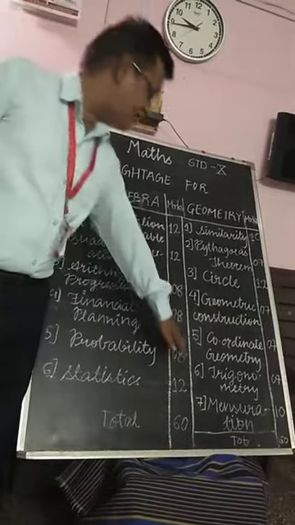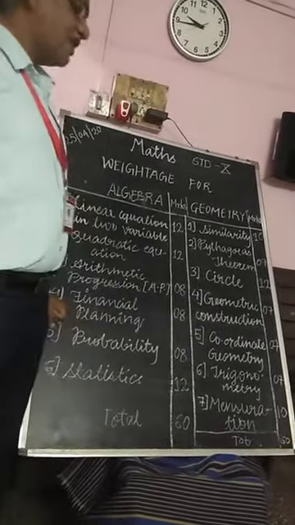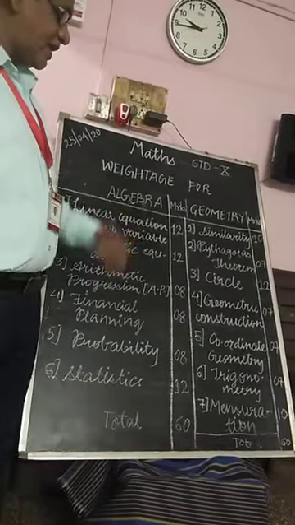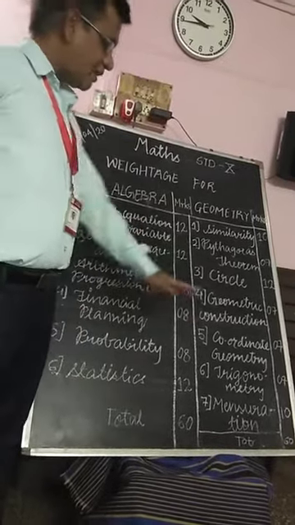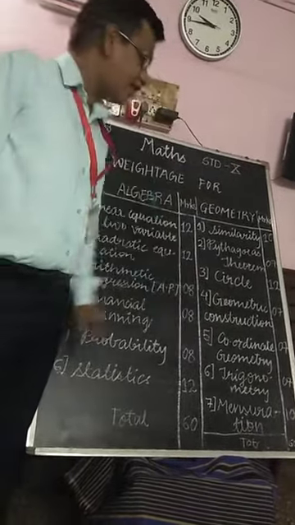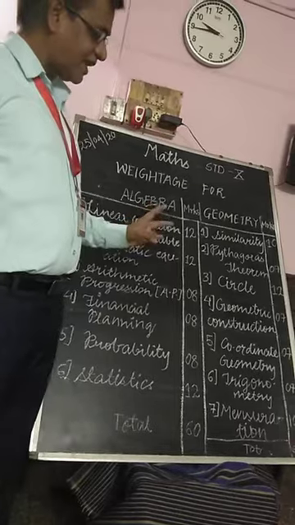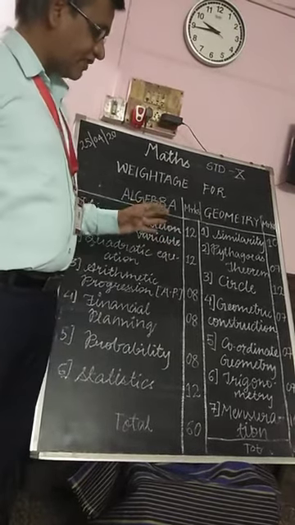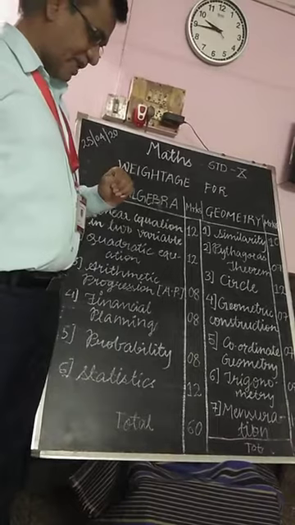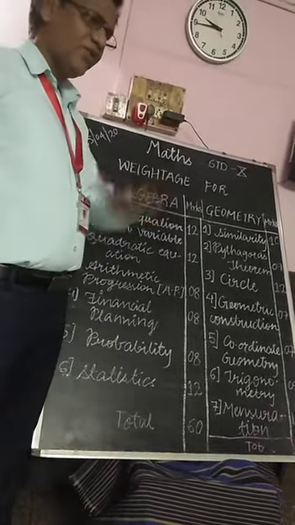So now you come to the 6th chapter, that is trigonometry. You already know what trigonometry is. There are 6 basic ratios in trigonometry, that is sin theta, cos theta, tan theta, cot theta, sec theta and cosec theta, and the different formulas related to them.